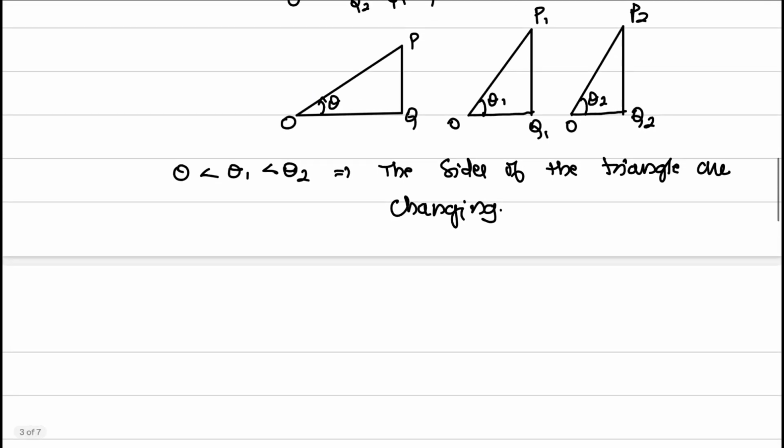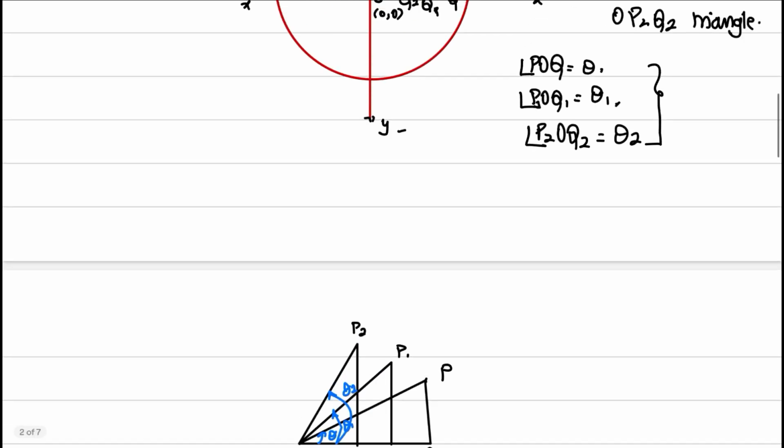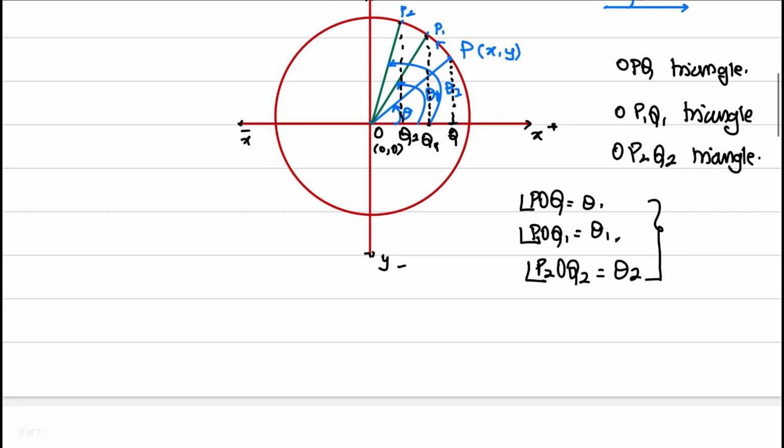From the above diagrams, OP is equal to the radius of the circle, which I have shown in the first diagram. OP is the radius of the circle, OP1 is the radius, OP2 is also the radius.